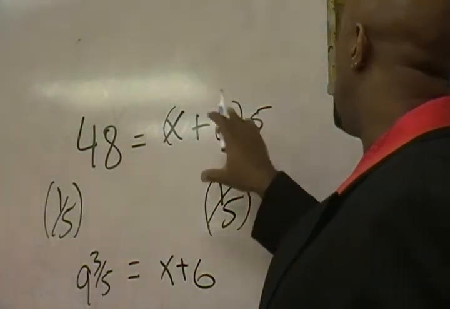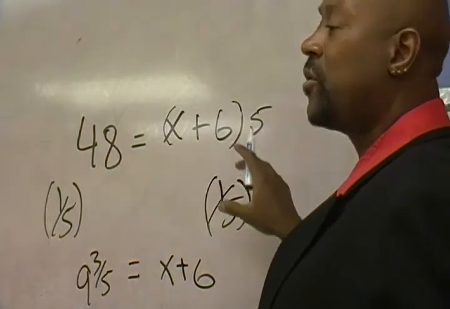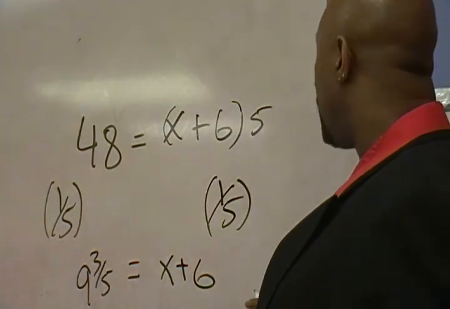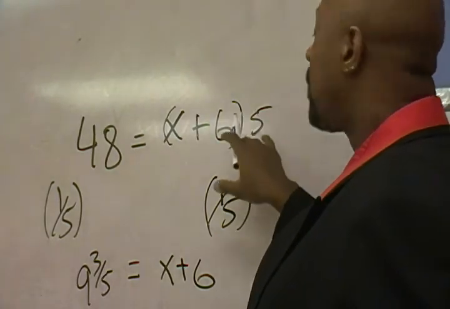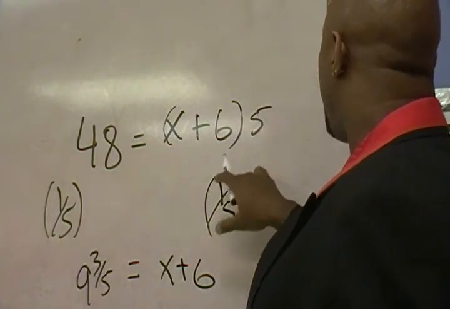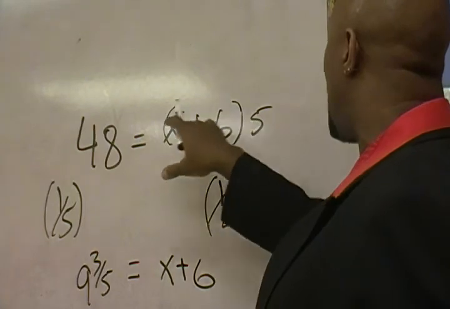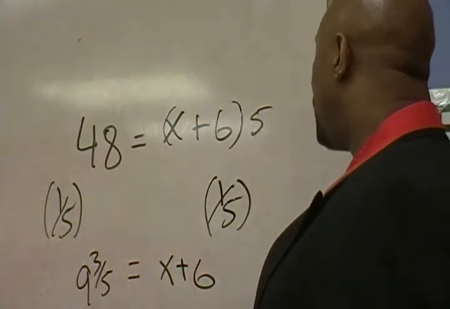Because see, once I get rid of this, I don't need the parentheses. So these 5s cancel out. 5 goes into 5 one time, so 1 times this, we'll leave that the same.